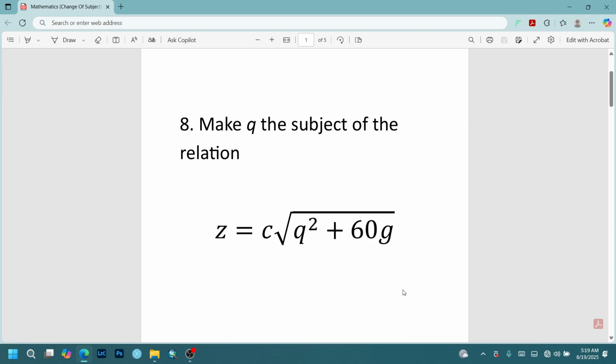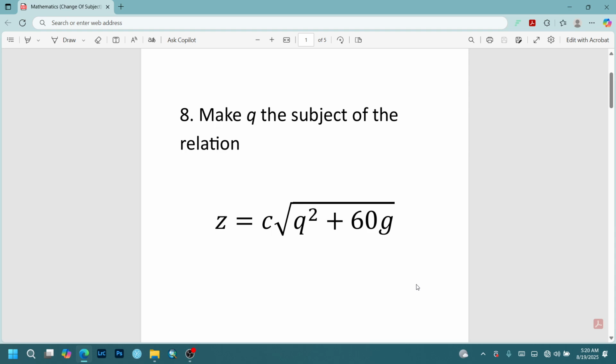In today's series, we will be solving a practical change of subject question in mathematics. Right. So let's quickly delve into it. Make k the subject of the relation z equals c multiplying the root square of k square plus 60j, right?